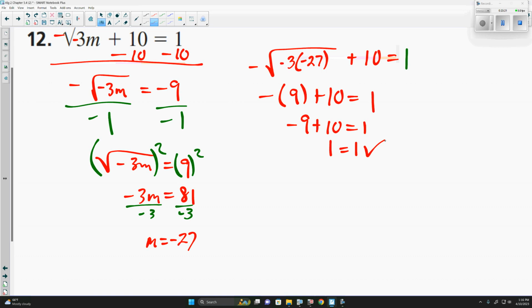It's just that whatever the value of m is has to offset that negative 3. So the negative and negative, negative 27, negative 3, made a positive 81, which did work. Does that make sense? And when we check it, the number that we end up in here has to be positive, because really we're saying negative square root of 81. The number became positive. Does that make sense?